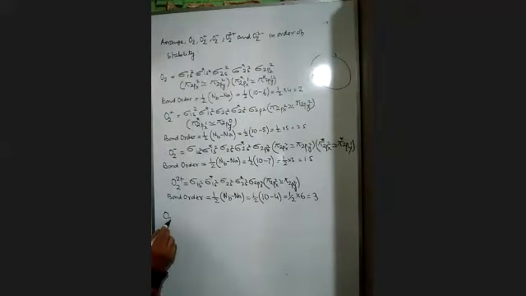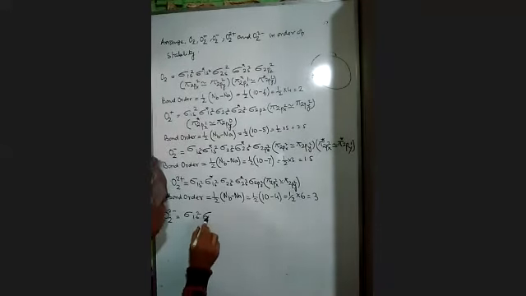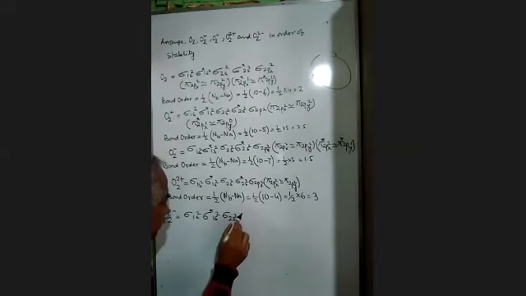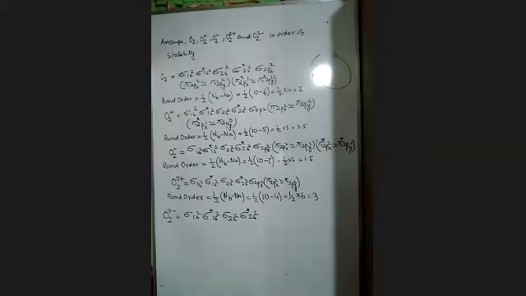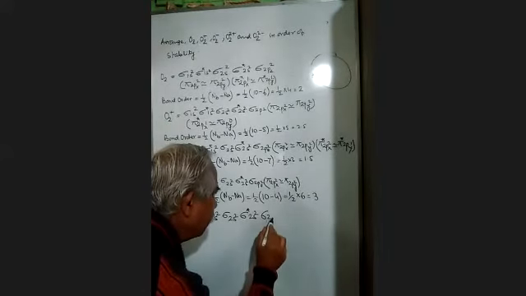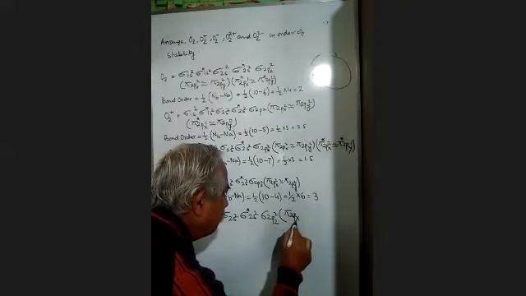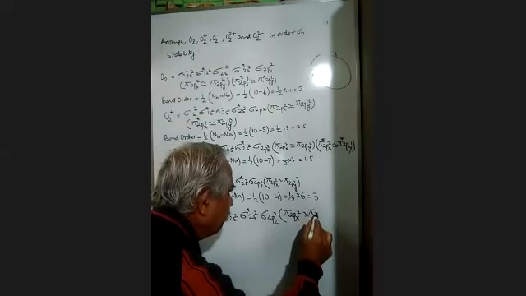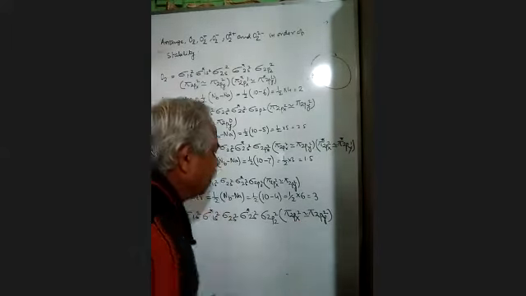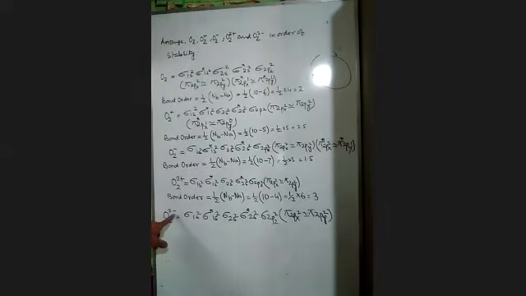Then O2 2 minus. It is 2 extra electrons are added. Now I have 2 electrons I have to add.